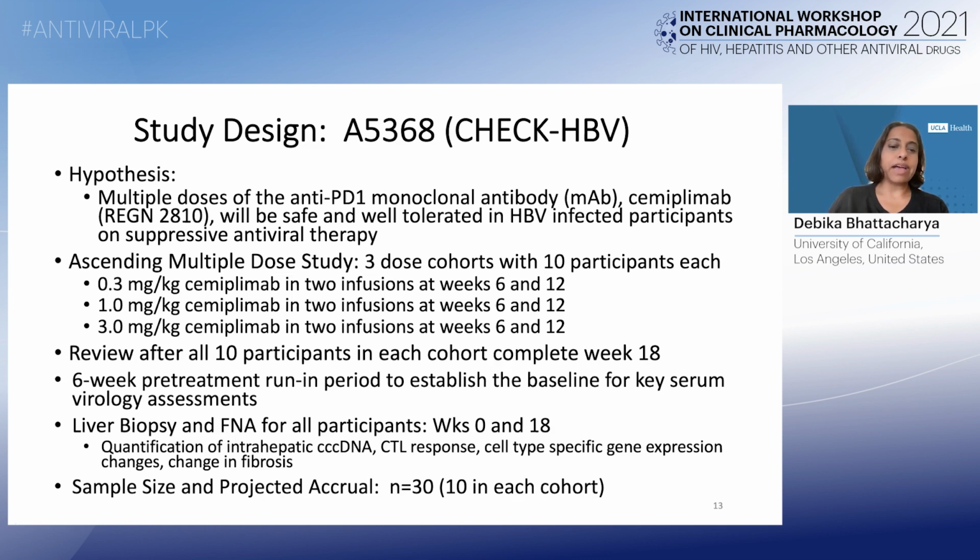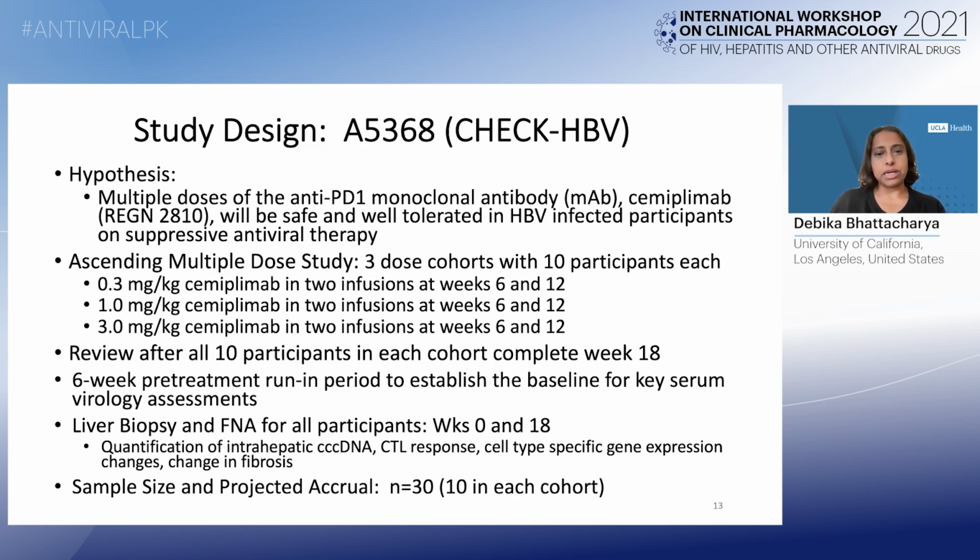And we will be evaluating safety after each cohort completes its safety at week 18. And we'll also be looking at liver biopsies and fine needle aspirates for all participants before and after therapy so that we can really look at the intrahepatic cccDNA, the CTL responses, and cell type specific gene expression changes, which are going to be very important from a translational science standpoint.